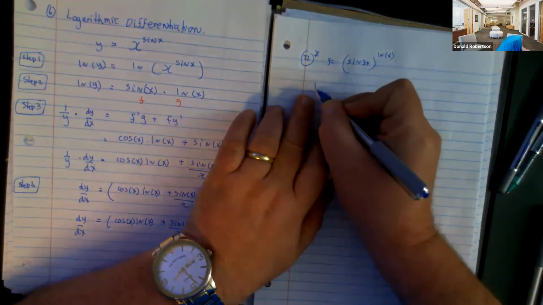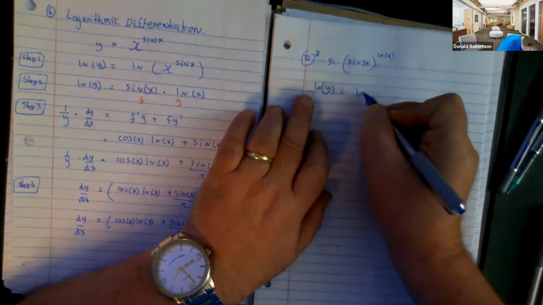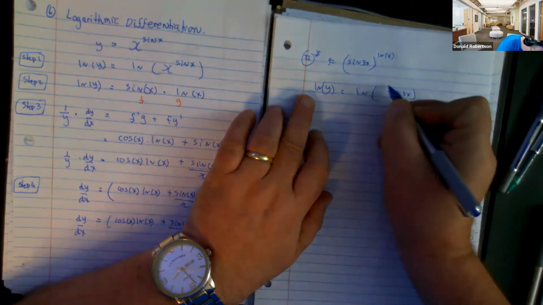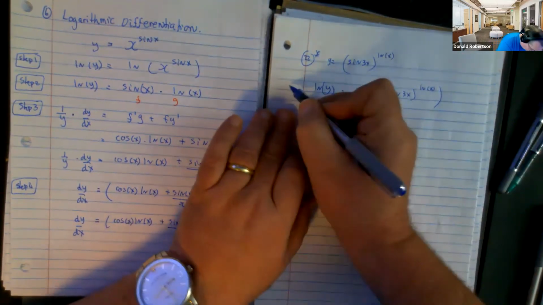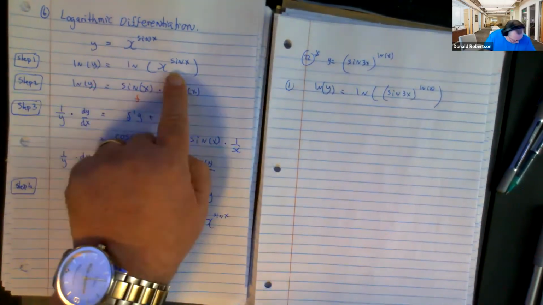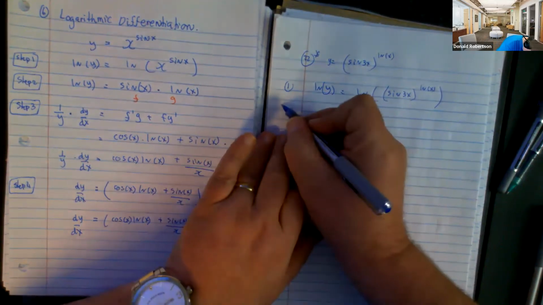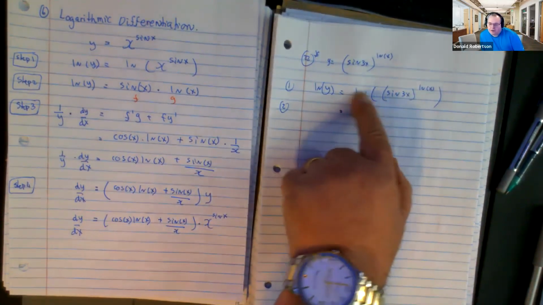So first thing I'm going to do is take the natural log of both sides. So that would be step one. How will I rewrite this ugly expression?